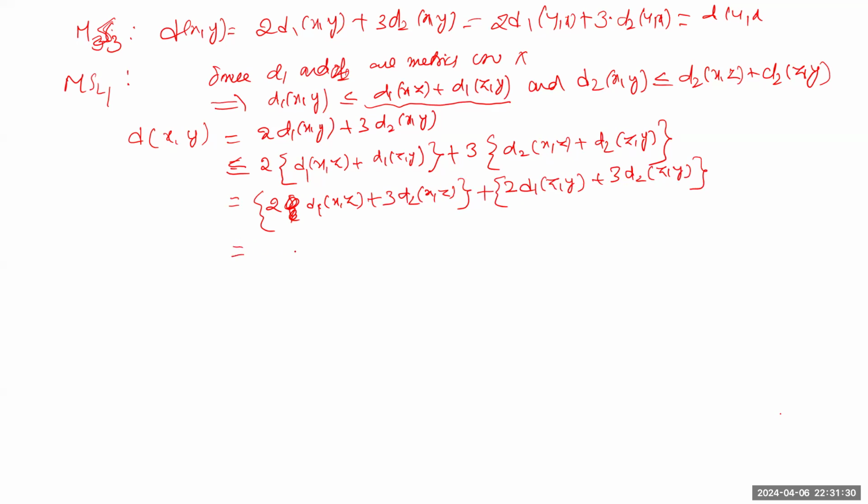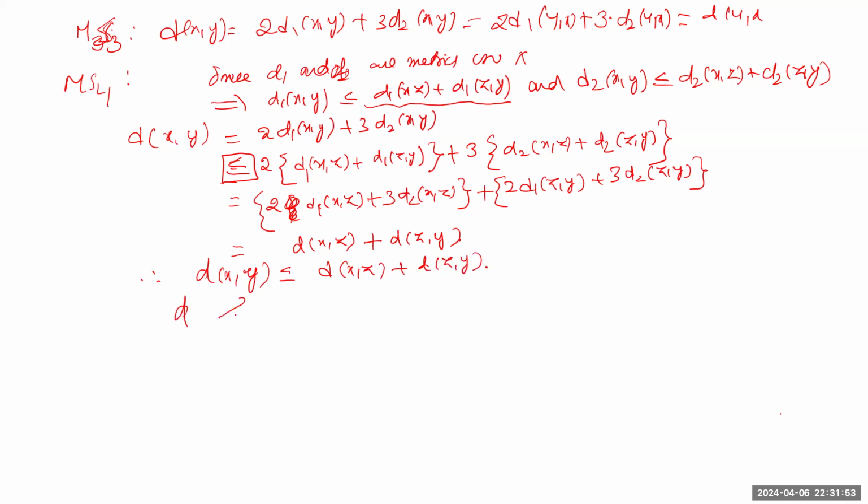So this is equal to d of x comma z plus d of z comma y. So totally, d of x comma y is less than or equal to d of x comma z plus d of z comma y.